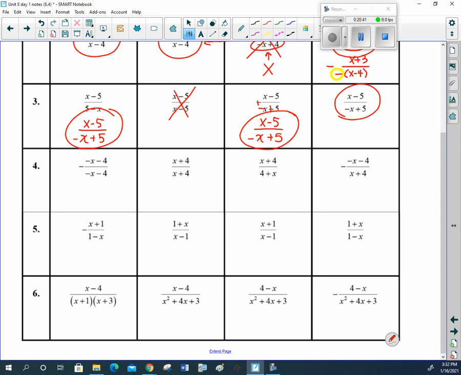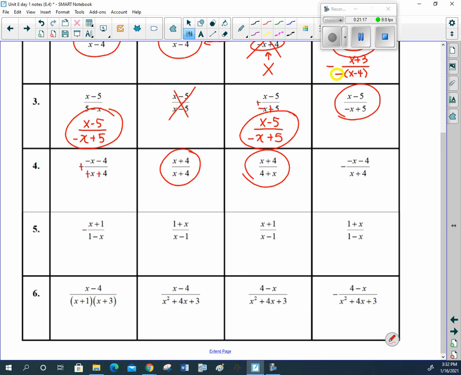Okay, so let's look at this next one. We've got this negative sign here. So if we move this negative sign, it looks to me like I've got two of them with a positive x plus 4 in the numerator. These two right here are the same. Okay, so I know those two are the same. So what I'm going to do is move the negative sign, on this one, I think I'm going to move it to the denominator.